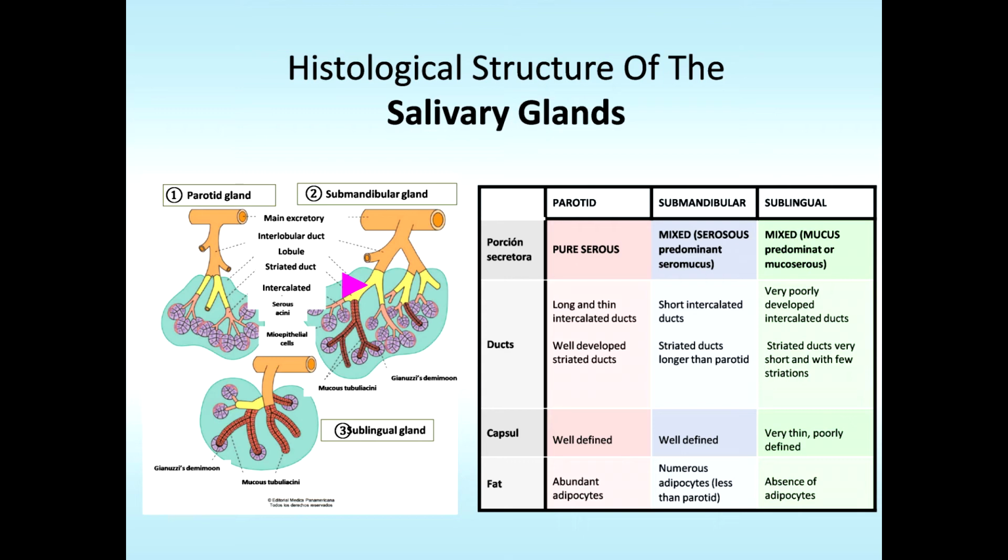Then we have the striated ducts. Once we get outside of the lobule, we have the interlobular ducts. These have a very large caliber, and on some occasions the walls get very thick with several layers of cells, compared to those of the intralobular ducts, which are normally a single layer of cells making the duct.